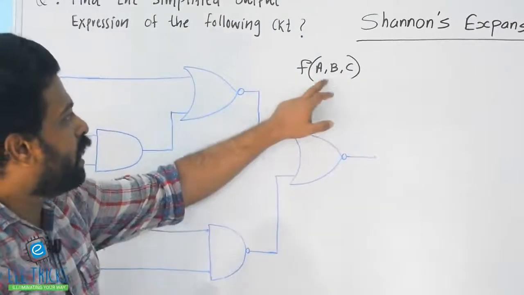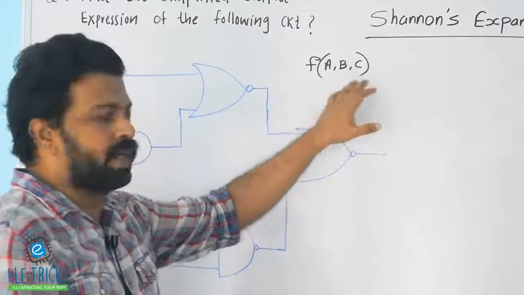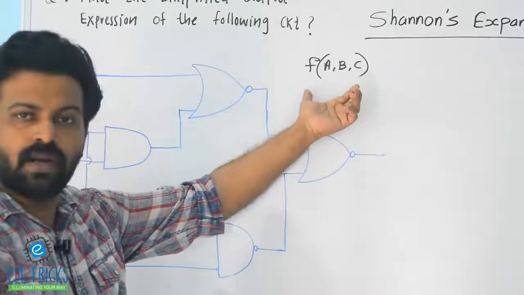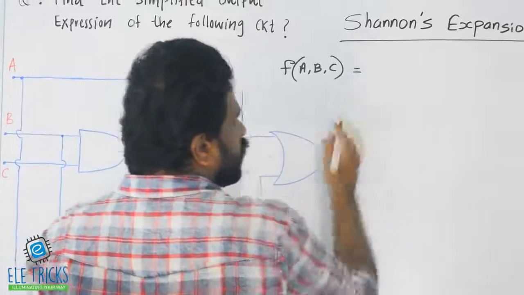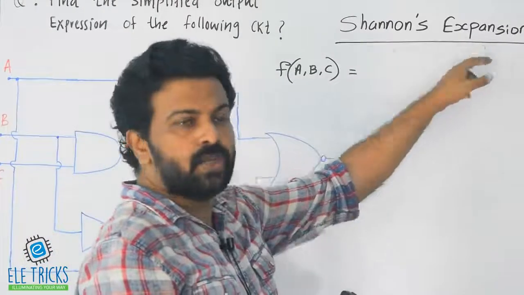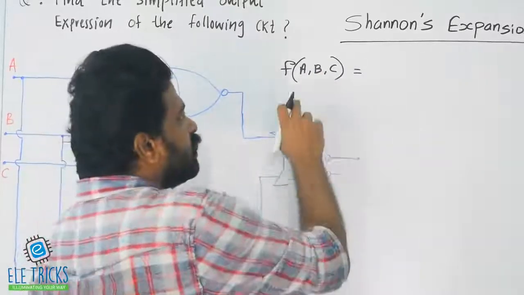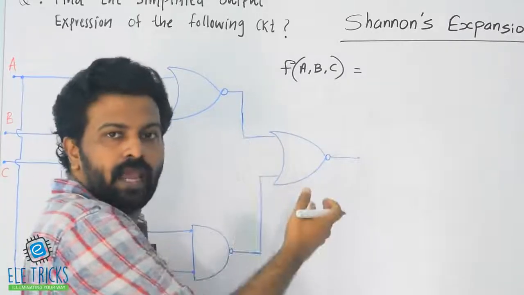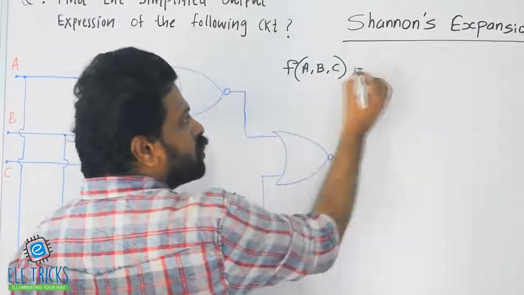Now I have taken a digital function with 3 variables, it could be of any number of variables, but as a general case I am taking a 3 variable example. So if you have a Boolean function f of a comma b comma c, by Shannon's expansion you can write this particular function as follows: take one of the variables out, it can be any variable, either a, b or c. What it says is that take one variable outside.